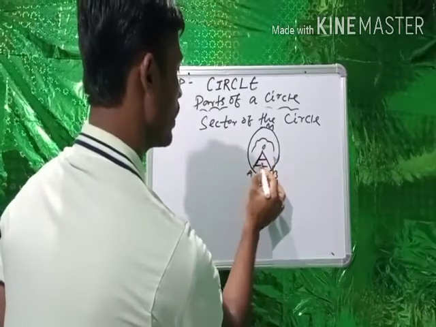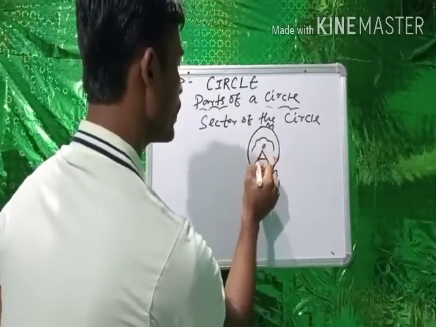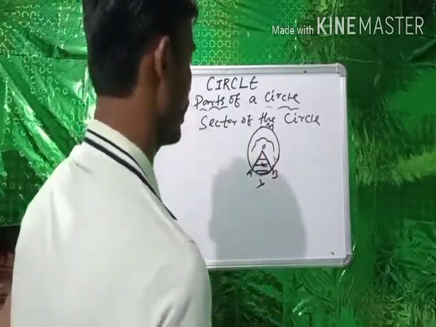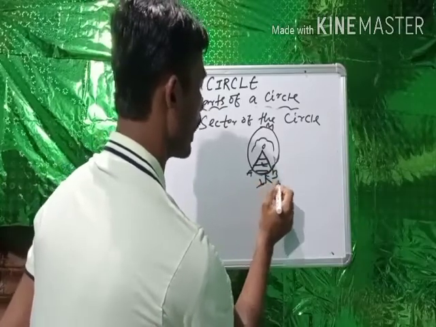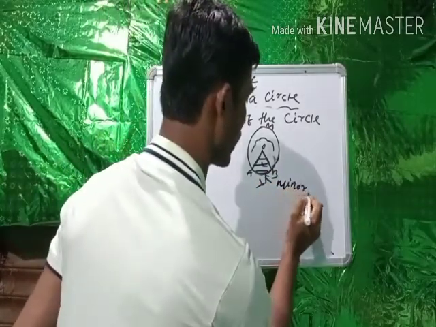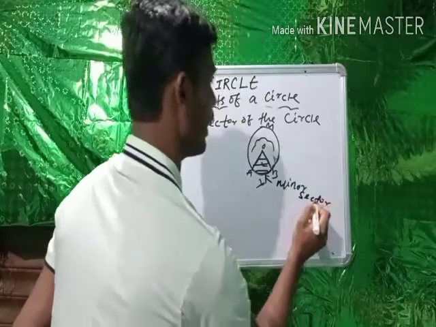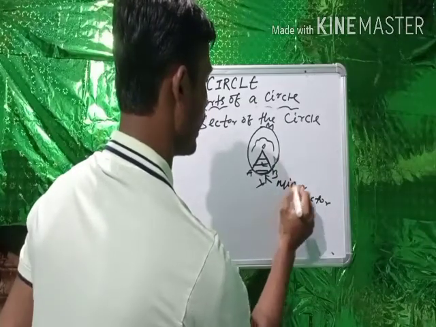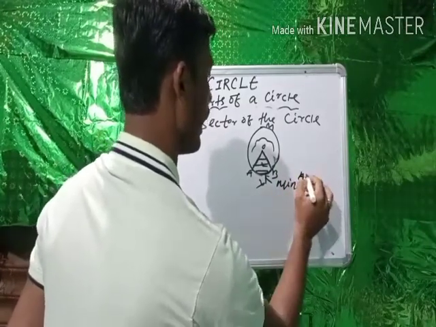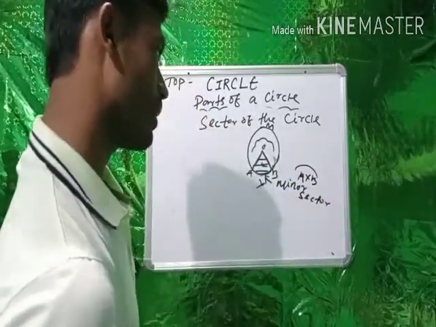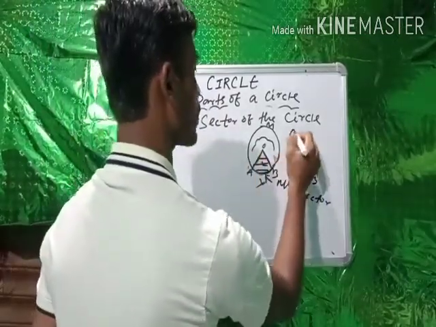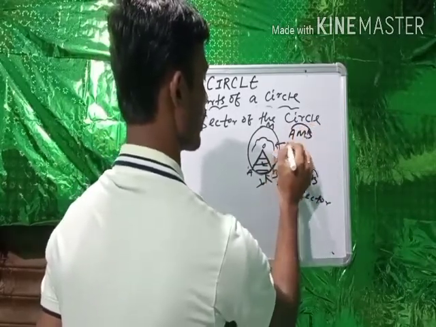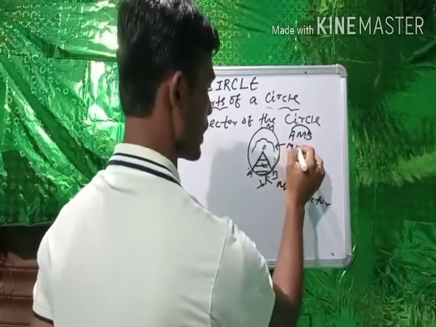This is called the sector where two radii are joined with an arc, and that is called the minor sector. And the upper one, that means, look, AXB is the minor sector. Now AMB, just look, AMB is the major sector.